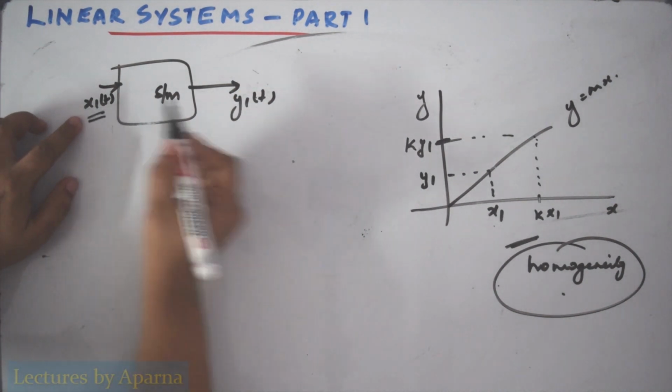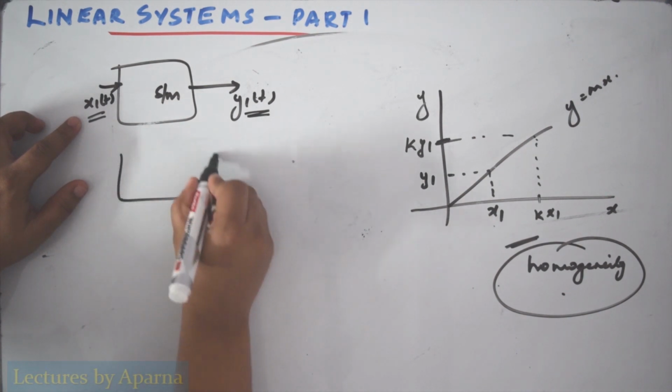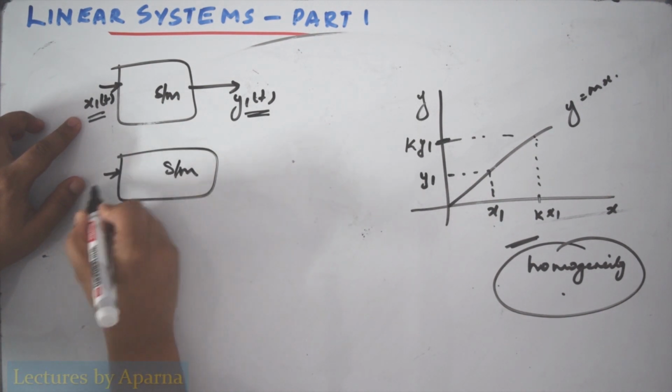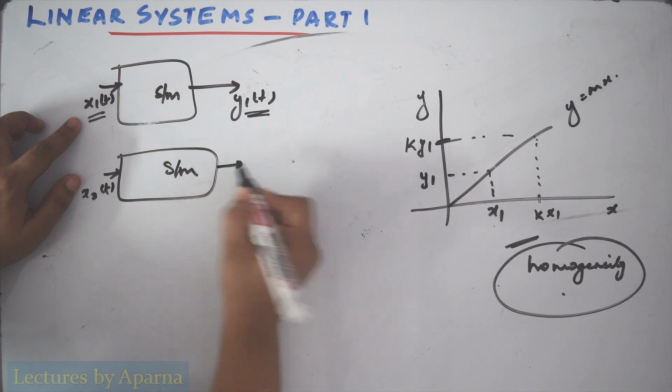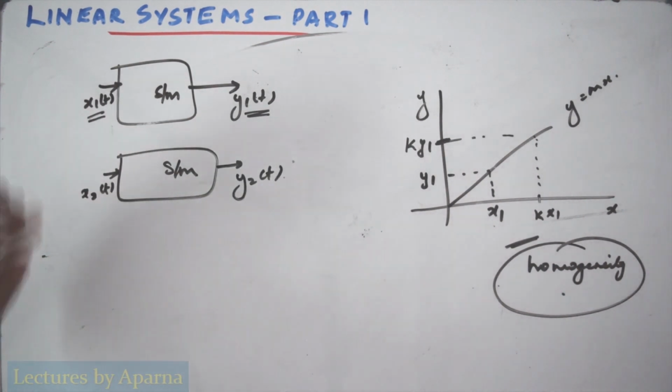Individually, if I give x1 of t, I get the output y1 of t. And to the same system, if I am giving another input x2 of t, then I will get an output, say y2 of t.